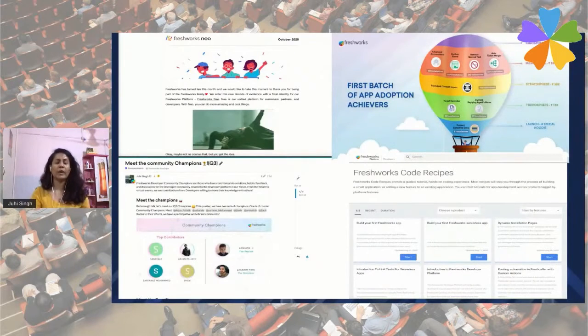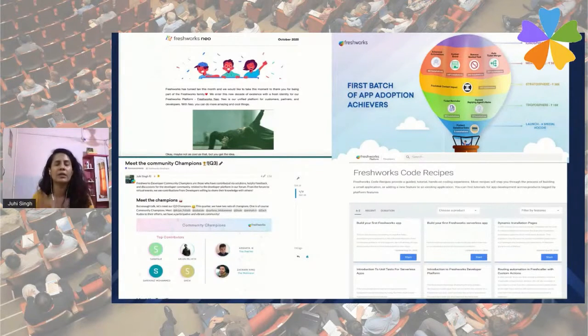Now, when we are very clear with the picture of understanding the developer persona, and knowing what kind of things the developer might like, the engagement part becomes very easy because you know your developer very well. The sort of things which can really excite them are, of course, recognitions.